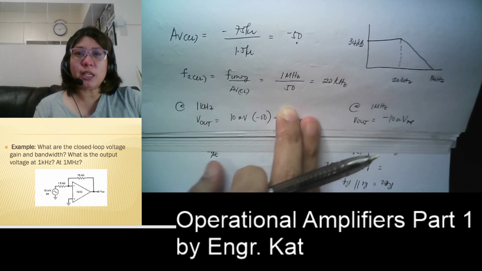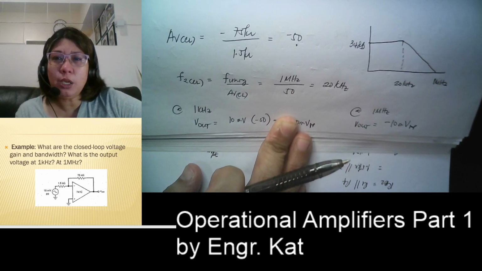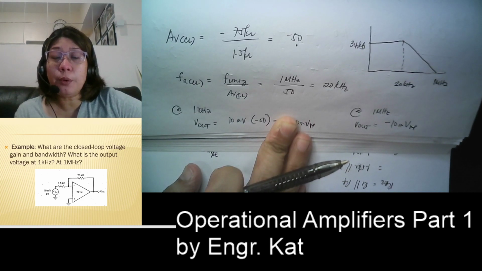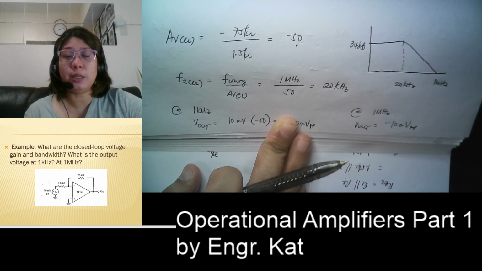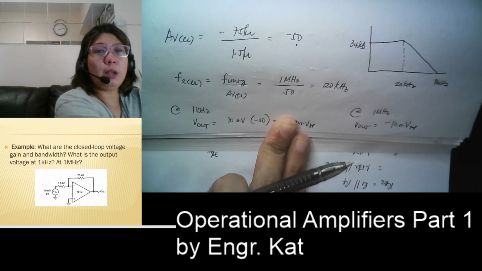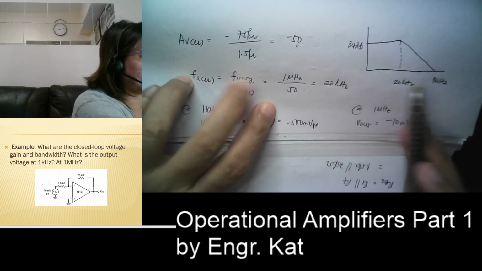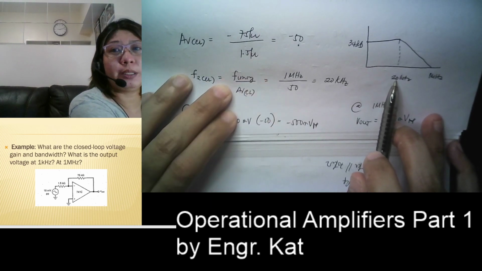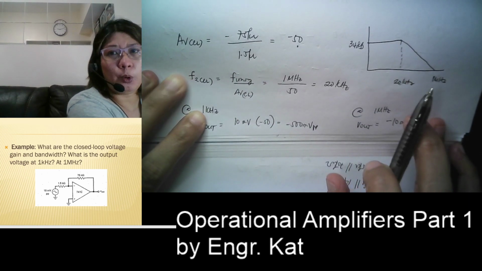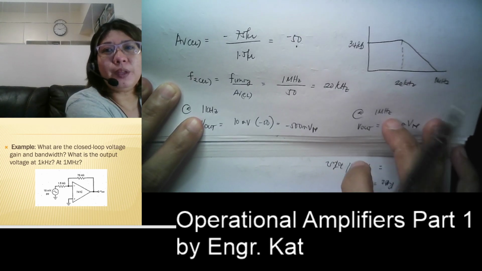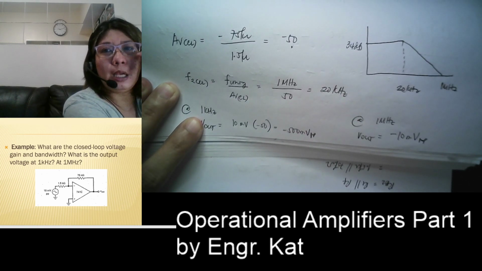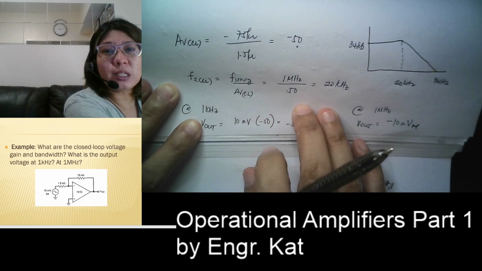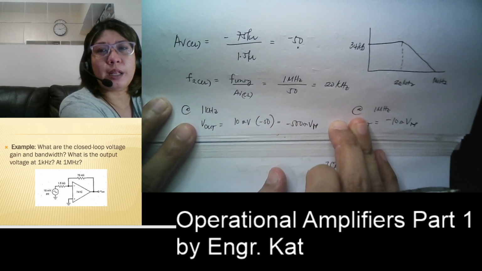Now, we are asked to solve for the output voltage if our frequency is 1 kilohertz. So obviously, 1 kilohertz is below 20 kilohertz. Since it is below 20 kilohertz, what does that mean? That means from 0 to 20 kilohertz, your gain is constantly equivalent to negative 50.